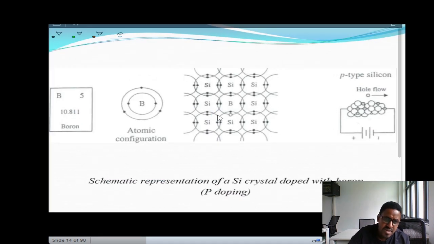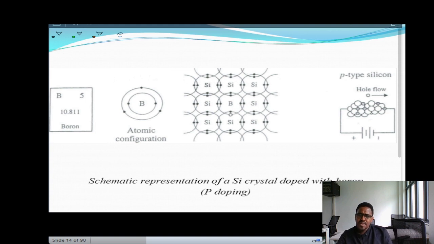When you see this schematic diagram, boron is one example of a trivalent impurity. So when boron is added to a pure semiconductor like silicon, the silicon has four valence electrons. So three valence electrons attach with the three valence electrons of the boron.